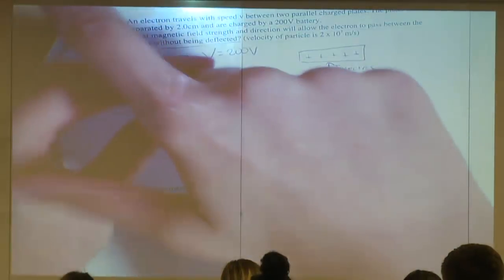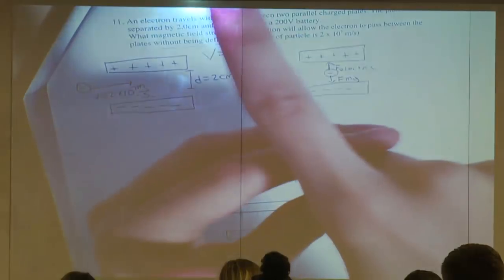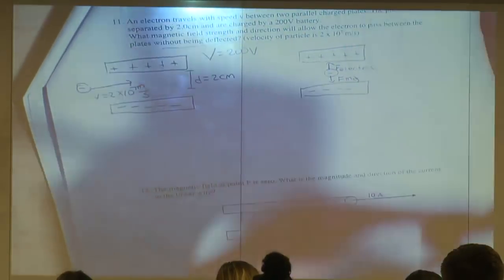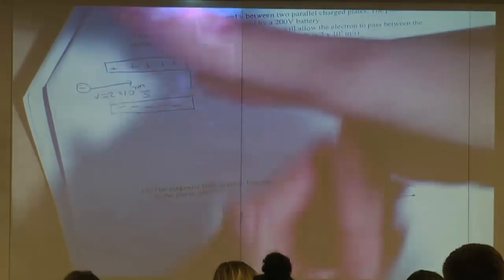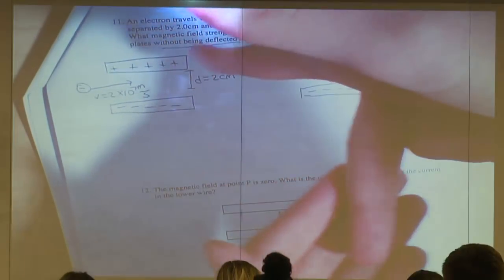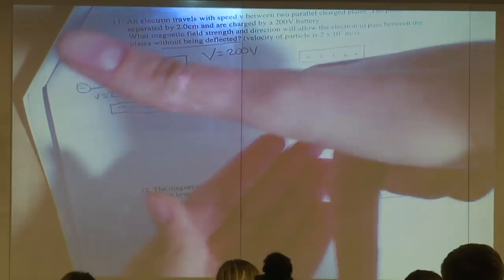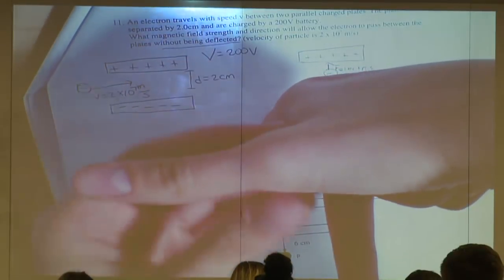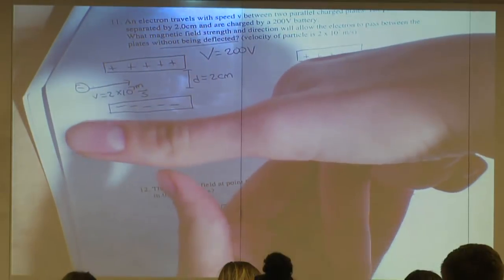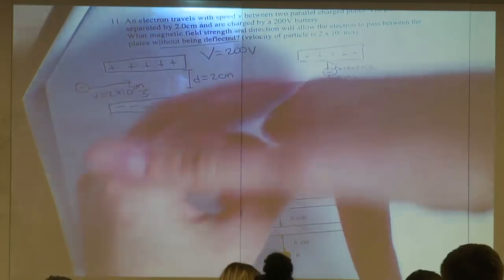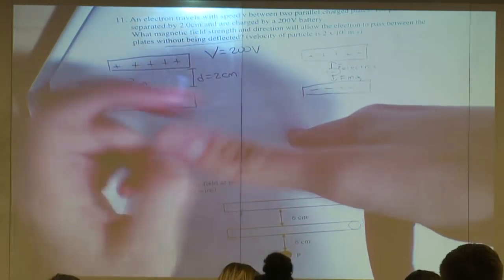I'll do it on here so people can see it. So your middle finger is going to be pointing down this way. So then your magnetic field is going to be going in, right? Because the velocity is this way, your magnetic force is going down, therefore your field is in. Does that make sense to everyone a little bit better now?